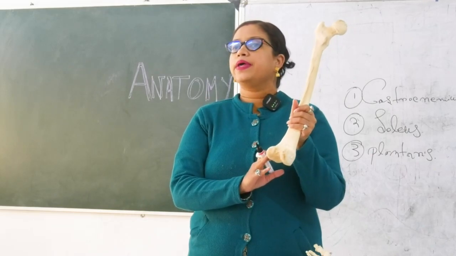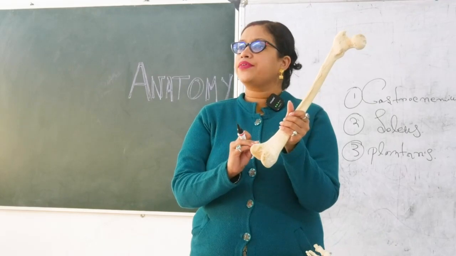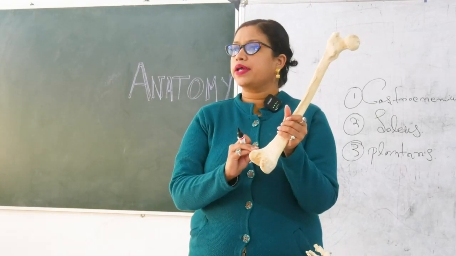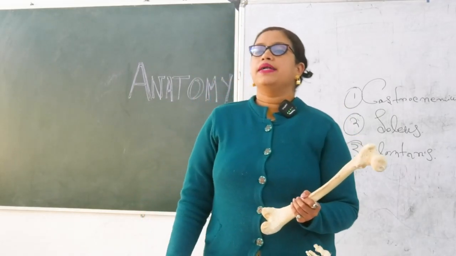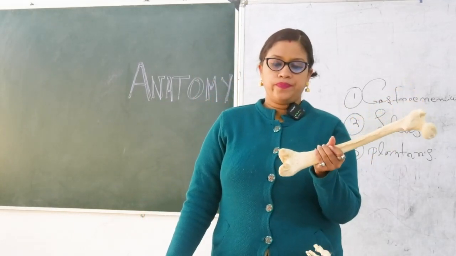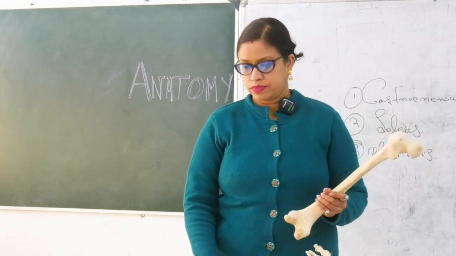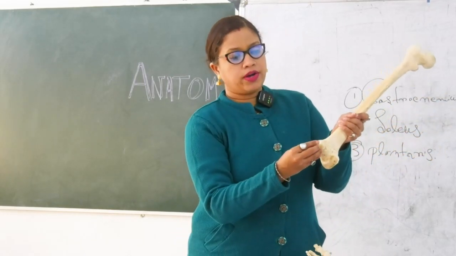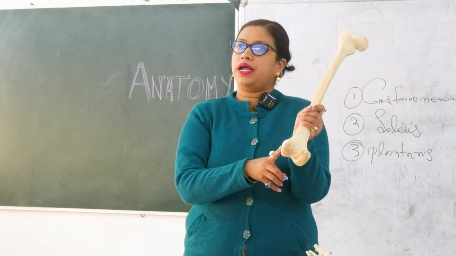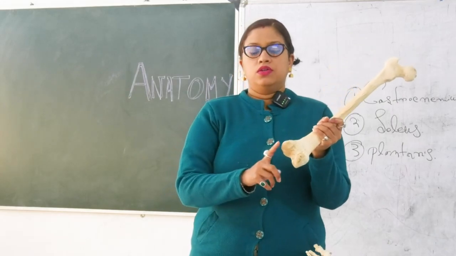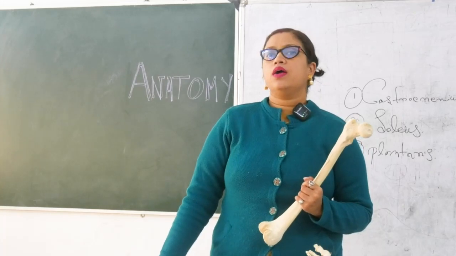So the tendon of plantaris takes origin from the lateral surface of the lateral condyle of the femur. This is exactly the point, okay? If you draw, this is the attachment of plantaris.